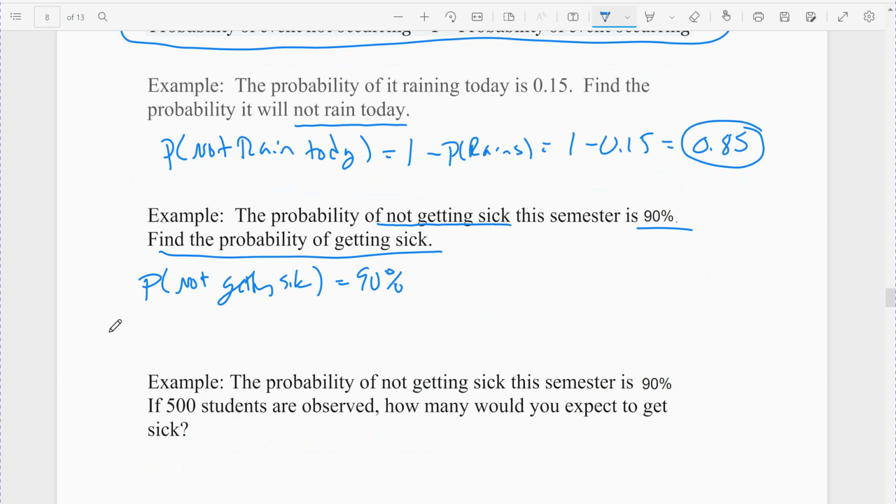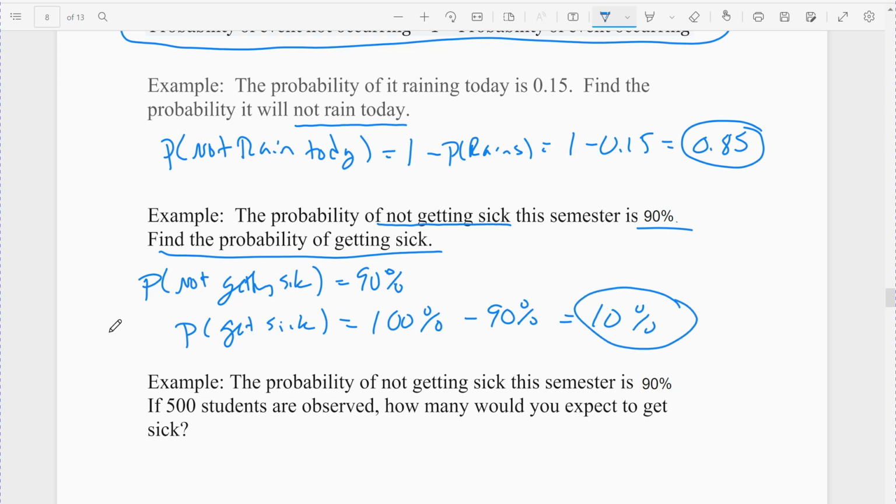The complement of not getting sick would be getting sick, and it works the same way. The probability that they get sick would be 100% of the people, minus the 90% who don't, and so that leaves the 10% who will. That's what we mean by using the complementary event. The probability of getting sick is 10%.